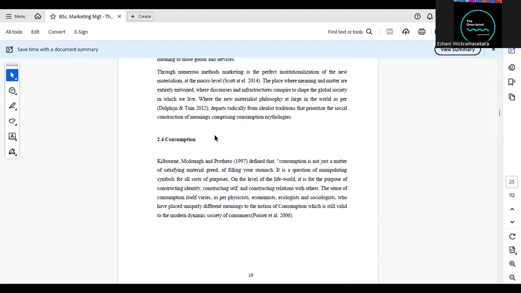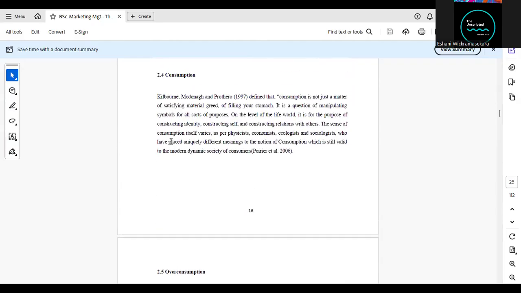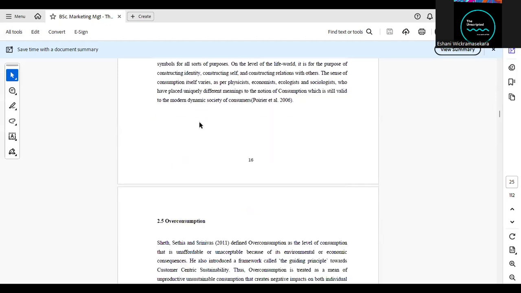And then it was about consumption. My study was mainly focusing on mindful consumption. However, I had to give a brief explanation about what consumption is all about and what overconsumption is, because overconsumption is also a type of consumption which is unsustainable. So you have both sustainable and unsustainable consumption, which I specifically highlighted under consumption.